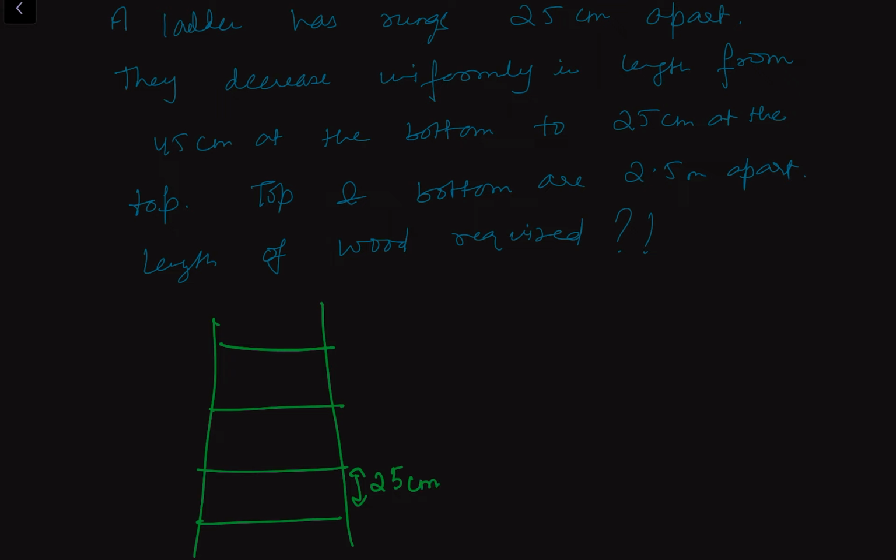Okay, they decrease uniformly in length, so the rungs are decreasing in length. Okay, from 45 centimeter at the bottom, so the bottom rung has 45 centimeter length, and at top we have 25 centimeter. So this is like your first term and the last term of your AP.